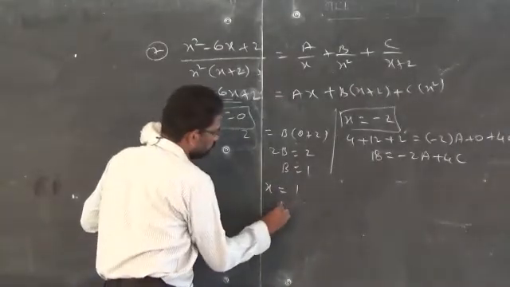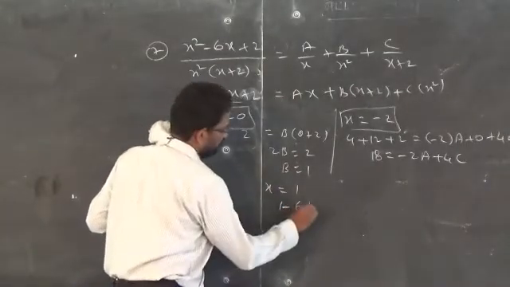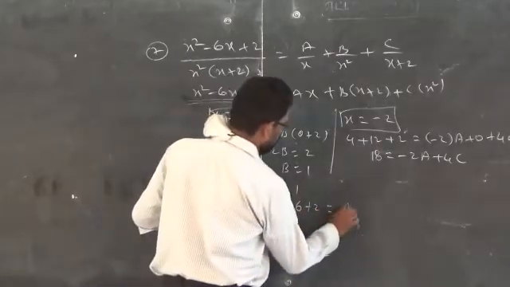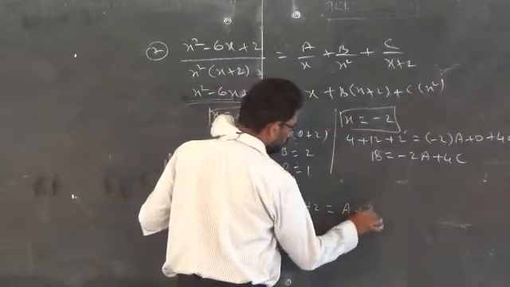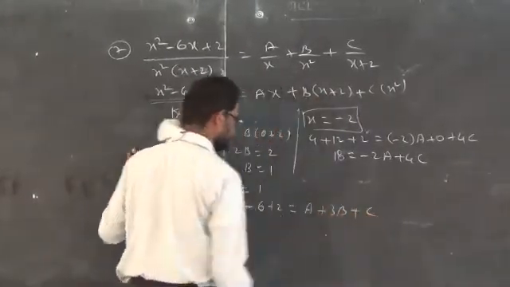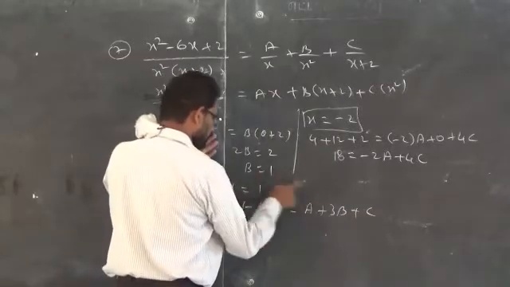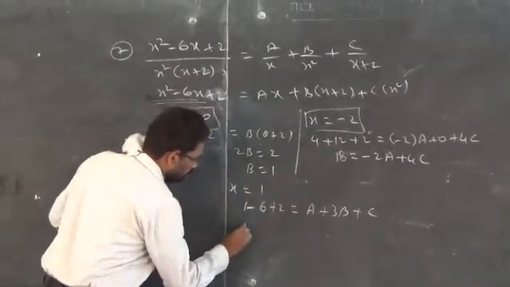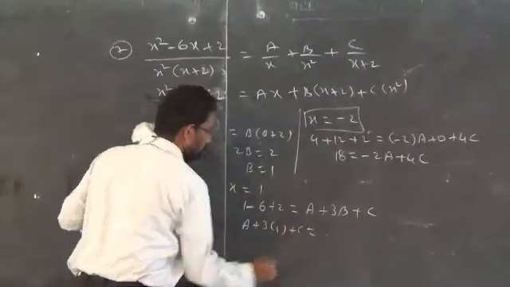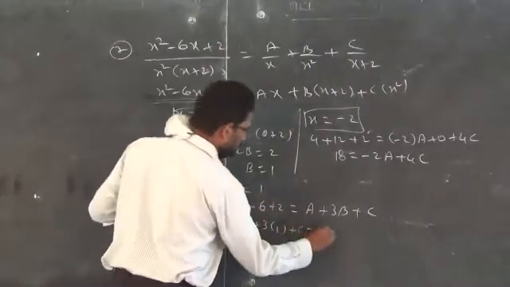So 1 minus 6 plus 2, then a plus 3b plus c, I am straight away replacing and writing down the answer. b is 1, we found already, so you can rewrite it as a plus 3 of 1 plus c is equal to, subtract, minus 3 will come.